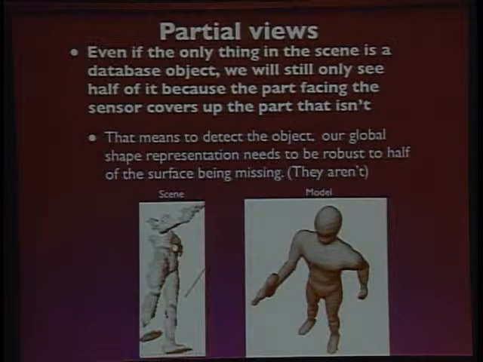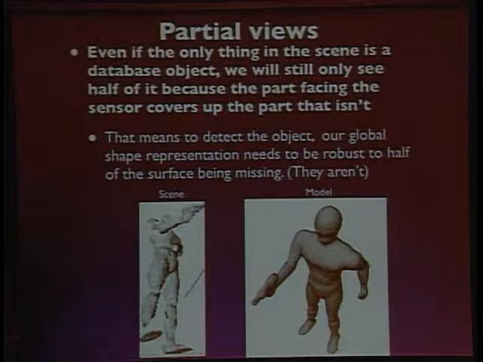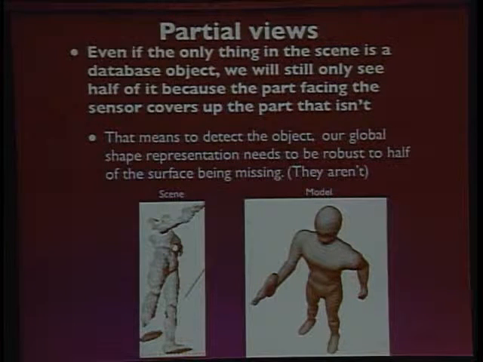So this is just, even in a very, very simple scene where the only thing in the scene is the object of interest, there's still going to be the problem that basically half or more than half of the shape of the object is going to be missing when you scan it, no matter what position you scan it from. So in order to robustly detect that this model is in the scene, your global shape representation needs to be robust to half of the shape going away.